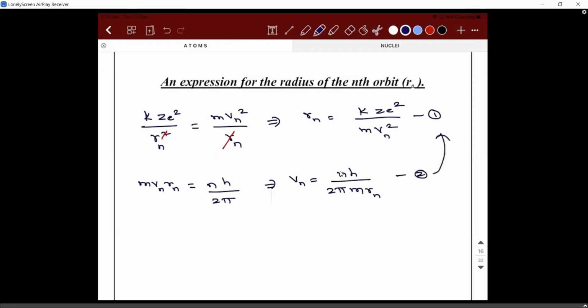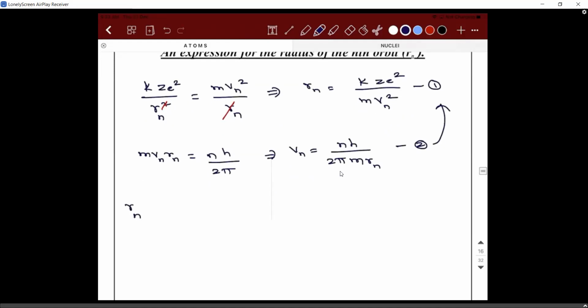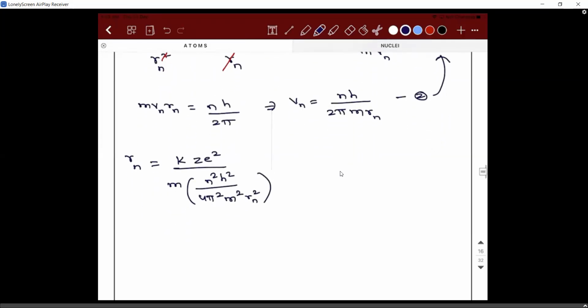If I take 2 and substitute it in 1, I get Rn is equal to k z e square divided by m into, what is the value of vn square? n square h square divided by 4 pi square m Rn square. So this m and this m will get cancelled.